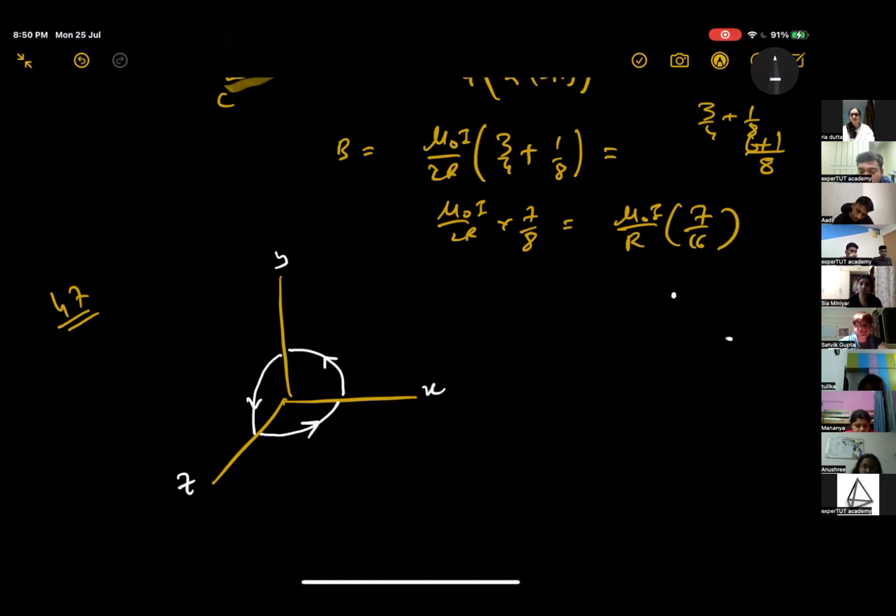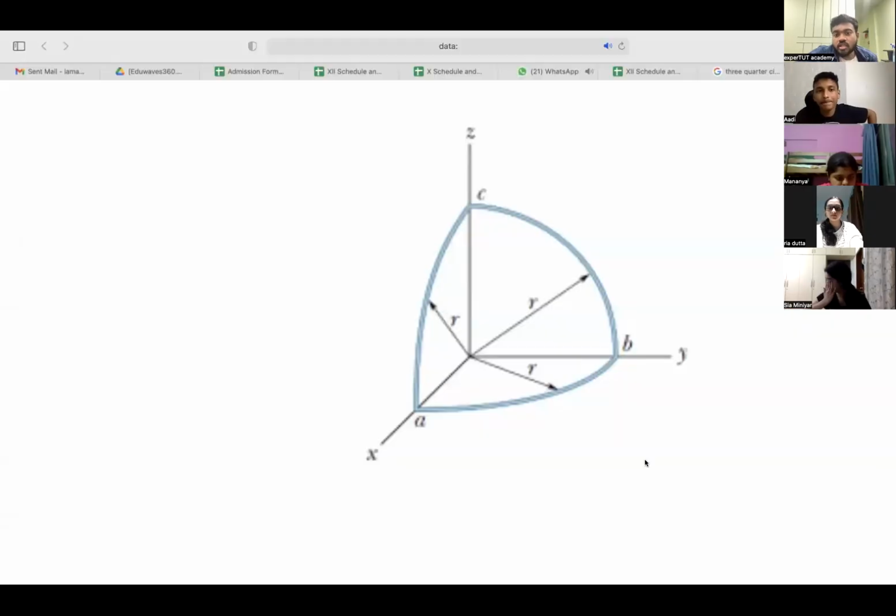See this image. I'll show you on the chat. Open image in new tab. Okay, yeah. See this. This is like this.